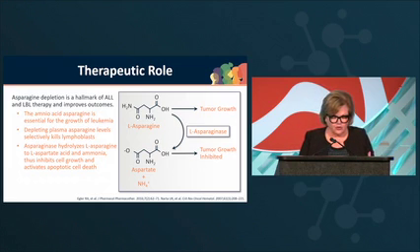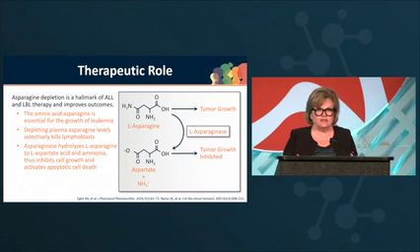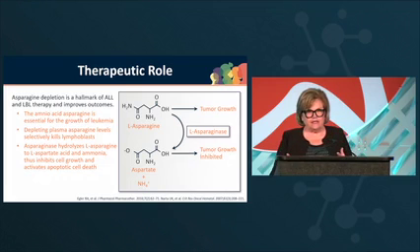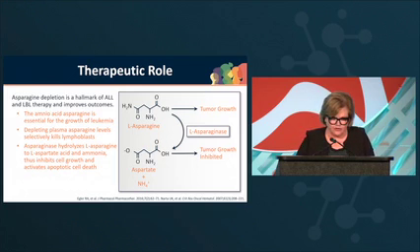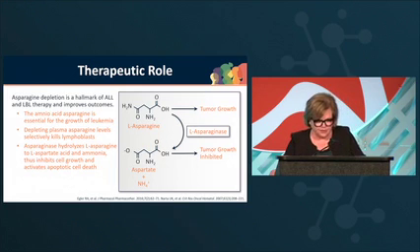So the hallmark of asparaginase is essentially to deplete this plasma asparagine. And by depleting it, it kills the lymphocyte because the lymphocyte needs it for survival. And you can see here that if you deplete the asparagine with asparaginase, then you have the breakdown of asparagine to aspartate and ammonia.